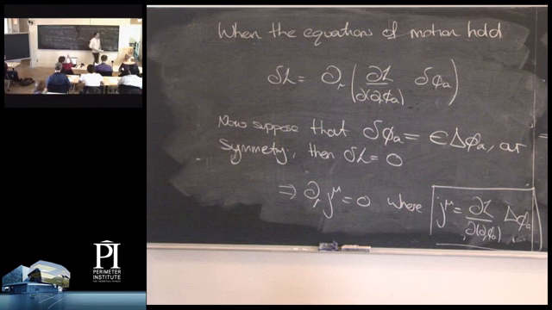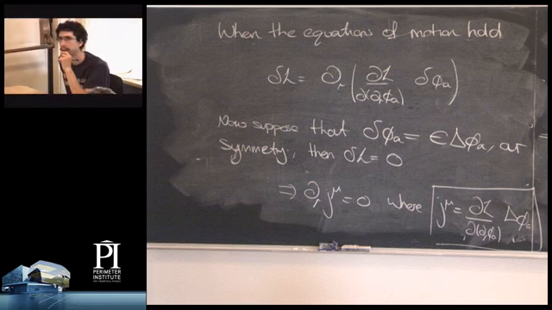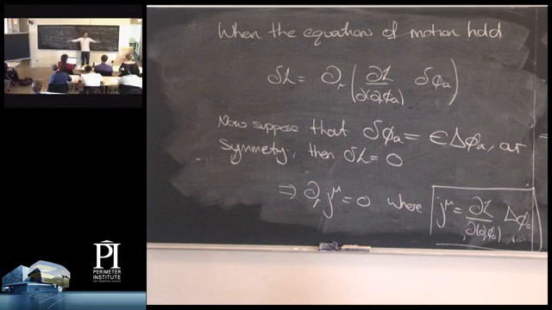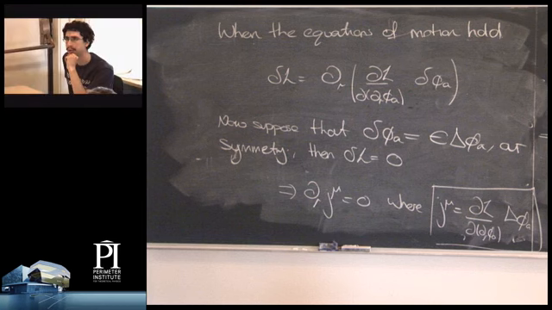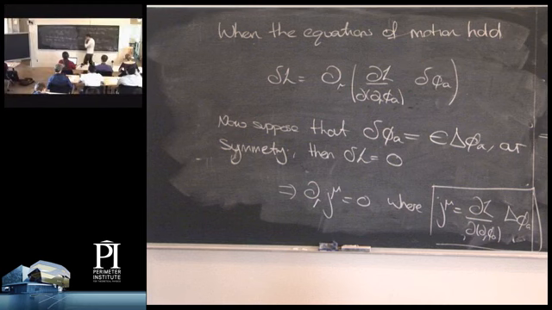Please. Why does the Lagrangian density have to be 0 everywhere? That's the definition of a symmetry. I take any configuration, I change it by a symmetry, and the Lagrange density stays the same. Why can't you have a symmetry which changes the Lagrangian density everywhere, but does not change the total action?